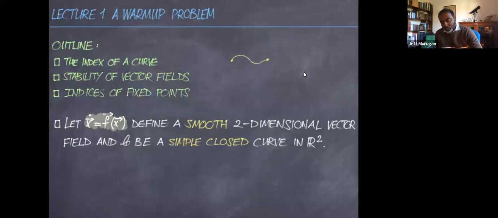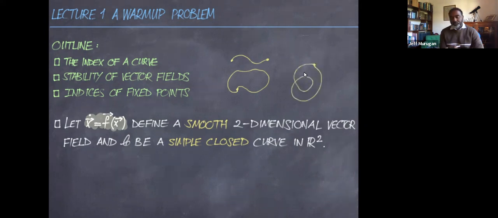And a curve where I identify the ends is a closed curve, okay? And a simple curve is a curve like this closed curve, whereas a non-simple curve is one that, for example, crosses itself, like such. So if I allow crossings, then I have a non-simple curve, and if I don't allow crossings, then I have a simple curve.